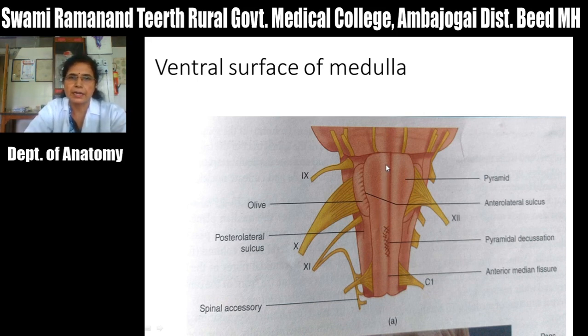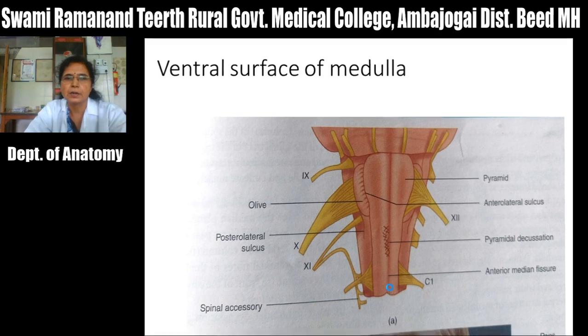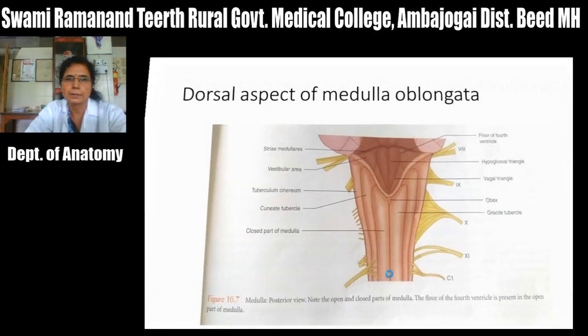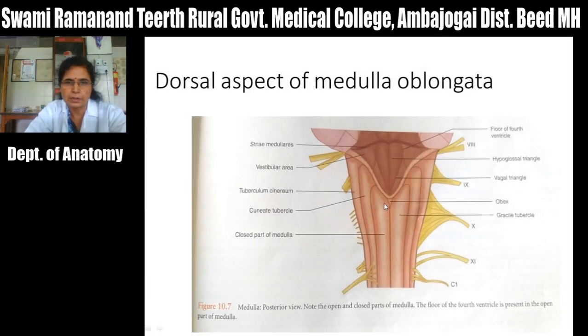The medulla is divided into two halves, right and left, by the anterior median fissure anteriorly and the posterior median sulcus posteriorly.